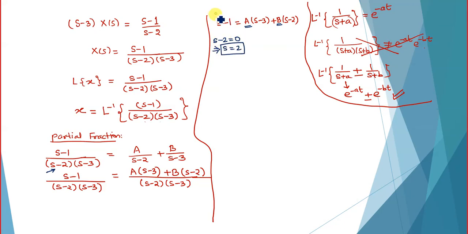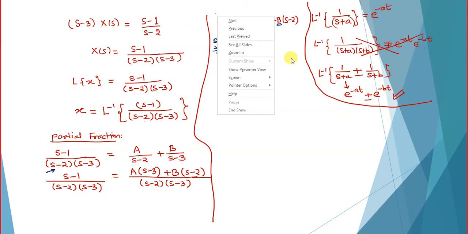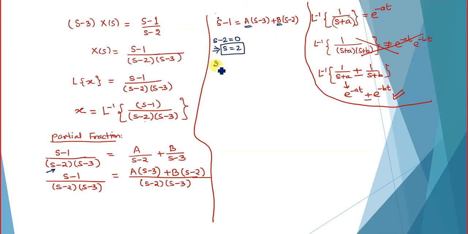Putting it in place of s, we get 2 minus 1 equals A times (2 minus 3) plus B times (2 minus 2). 2 minus 2 becomes 0, so the coefficient of B becomes 0. This gives 1 equal to A times minus 1, so the value of A is minus 1.